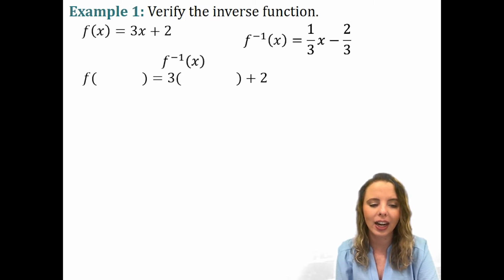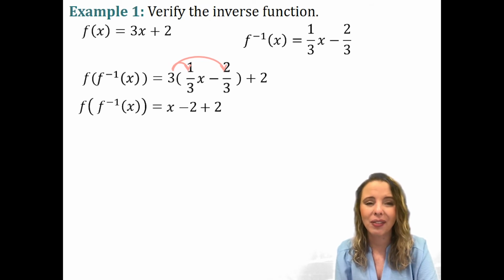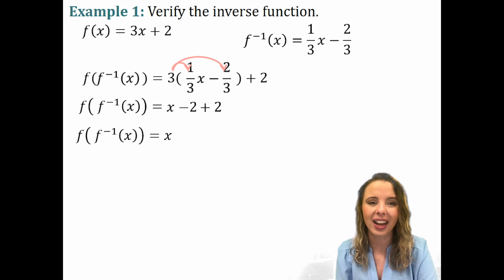We are plugging in our inverse function, 1/3 x minus 2/3. We now need to simplify this. The first thing we need to do is distribute the 3. 3 times 1/3 x is x. 3 times negative 2/3 is negative 2, and we need to bring down our positive 2. Combining like terms, we have a negative 2 plus 2. That simplifies to 0, so we are left with x, which is what is supposed to happen.